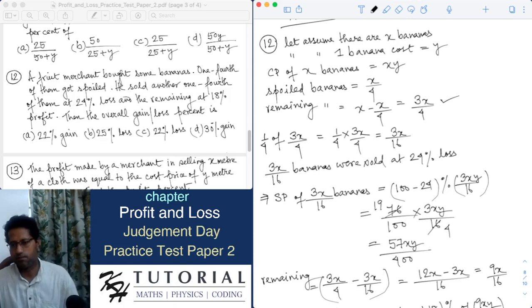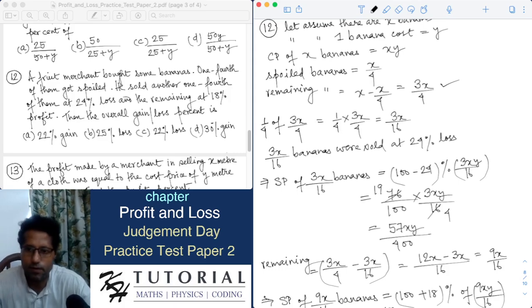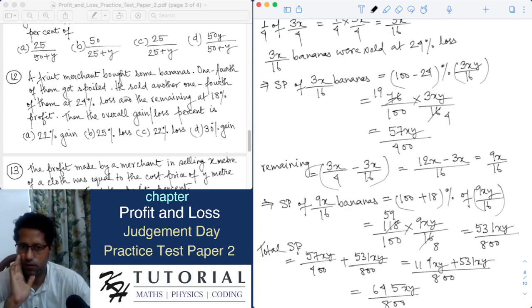This equals 76 by 100 into 3xy by 16. If we simplify it further, 4 divides 16 with 4 and 4 divides 76 with 19. So 19 into 3 is 57xy divided by 400. So this is the selling price of the one fourth of the bananas that were sold at 24% loss.